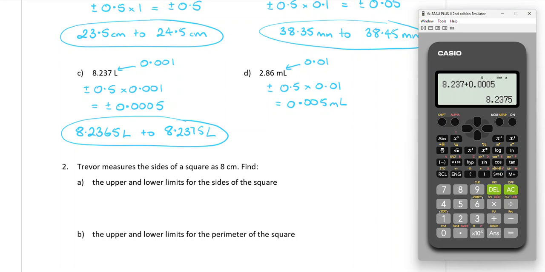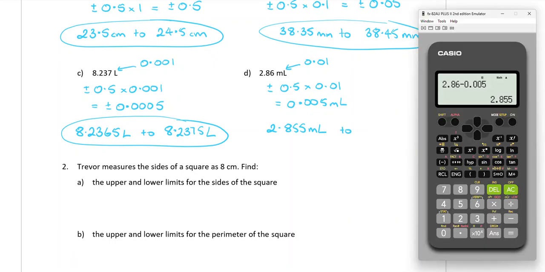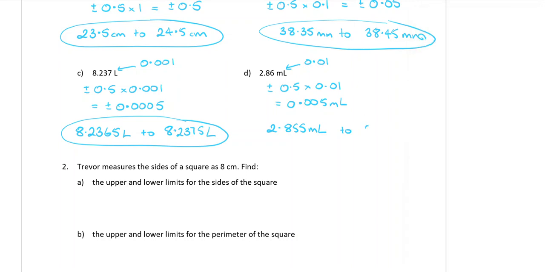Subtracting that measurement from 2.86, we get 2.855 millilitres. Then we want to add the measurement on and get 2.865.